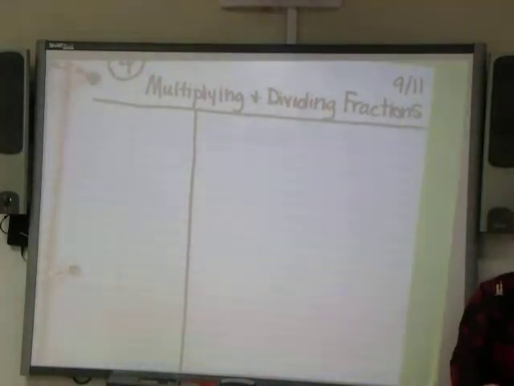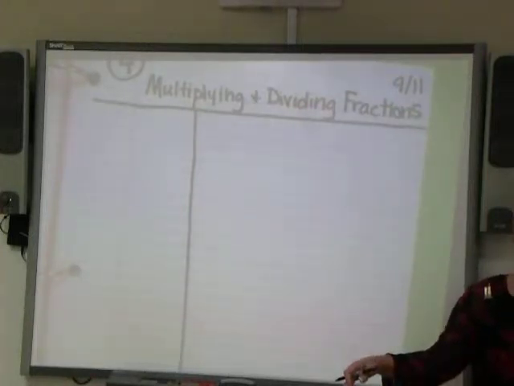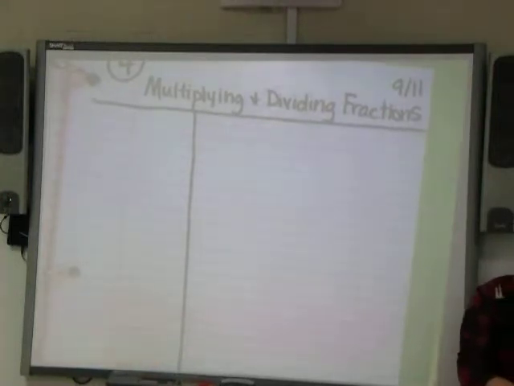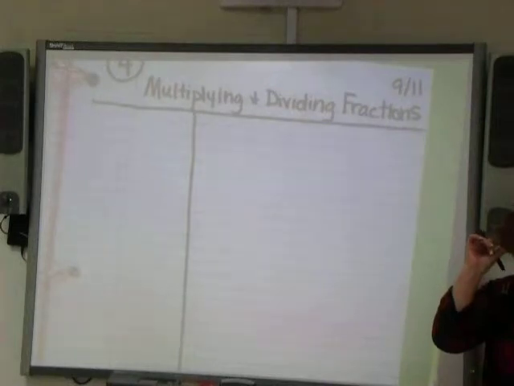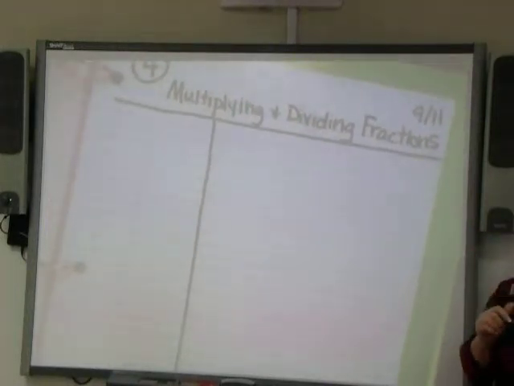Math is a little bit different because it's practice. It's not so much recalling information, being able to analyze information, it's solving problems. So your Cornell notes on this side will look a little different in math than what they look like in other content areas. So we're going to start with multiplying fractions.